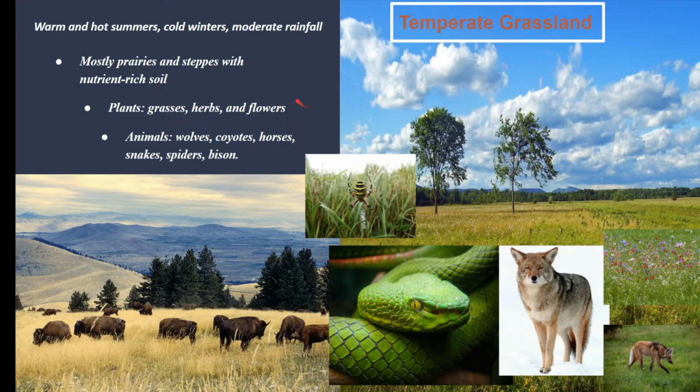Notice that these are their main plants, but they do have the ability to have trees. So if you are asked which biome is without trees, it's not this one. It's the taiga biome, or not taiga, tundra, we're going to go over later. Now they have a wide variety of animals such as wolves, coyotes, which are similar looking to wolves, horses, which you could not see here, snakes, spiders, and bison.